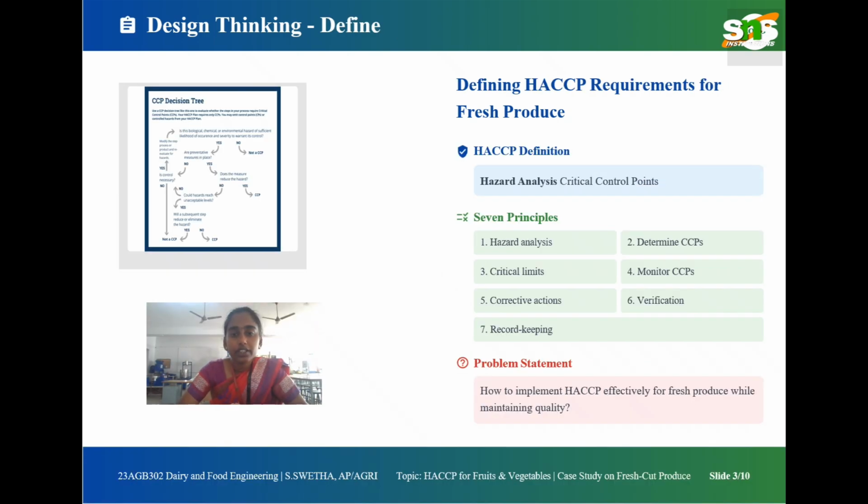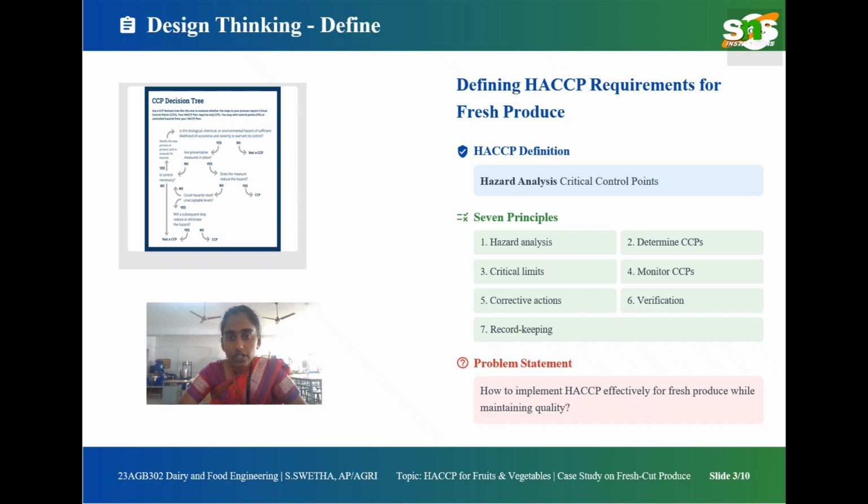In define, I am going to define this using HACCP. It is nothing but Hazard Analysis Critical Control Point. They have a list of requirements for fresh produce, with 7 principles. First, we have to do the hazard analysis. Second, we determine the critical control points.